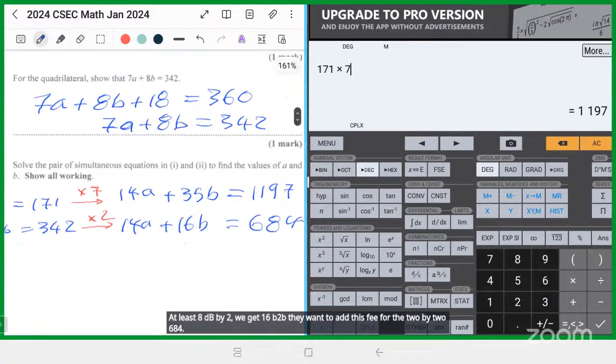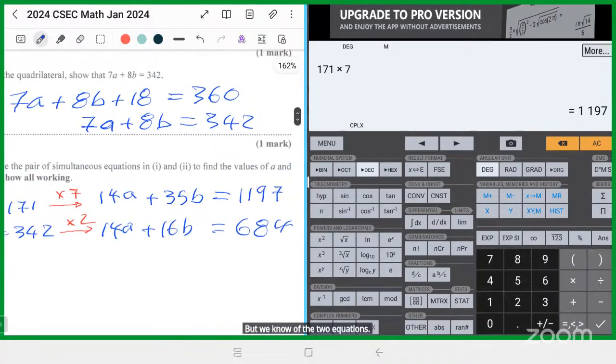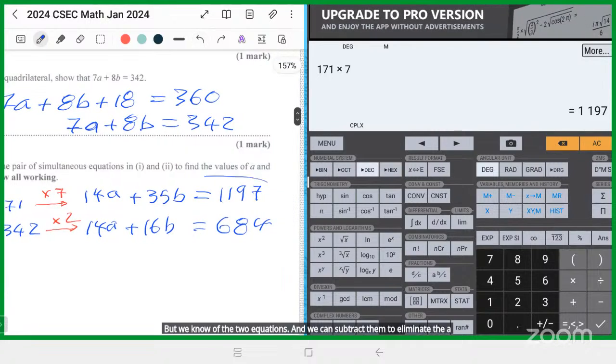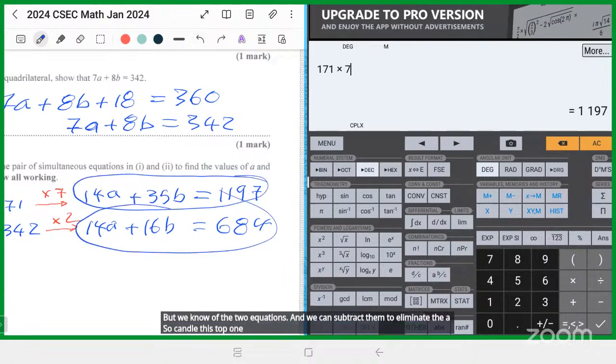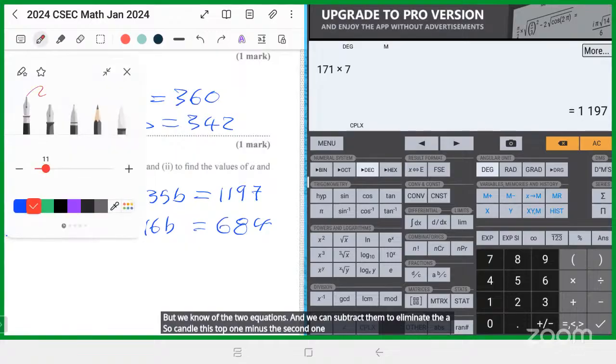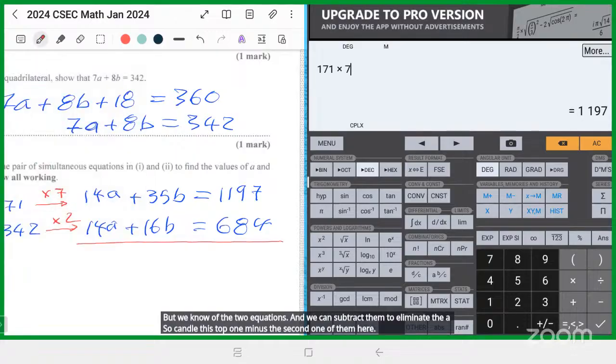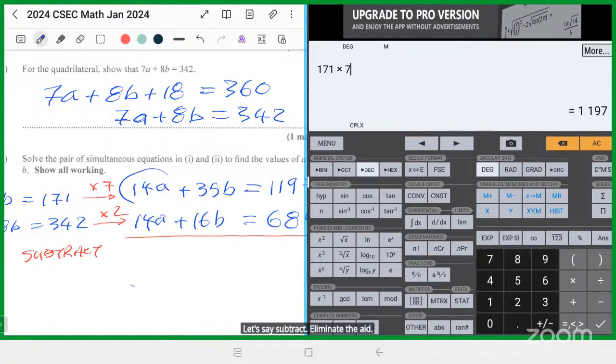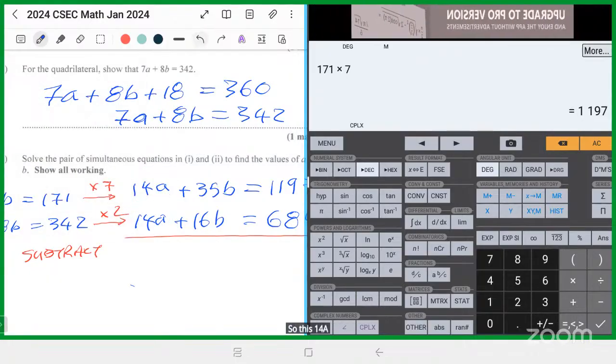So we now have the two equations, and we can subtract them to eliminate the A. So we can do this top one minus the second one. We can put a line under them here and subtract the two equations to eliminate the A. So this 14A minus this 14A, that is eliminated.